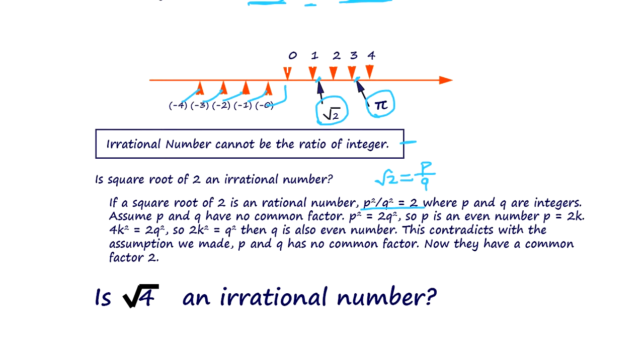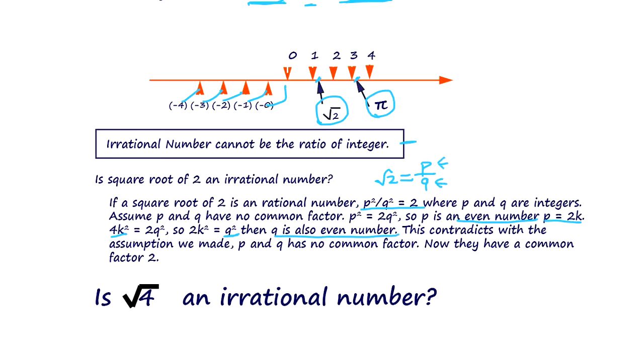So that means p is an even number. So we assume p is 2k. Then it becomes 4k squared equals 2q squared. That means q becomes an even number. So p and q are both even numbers.